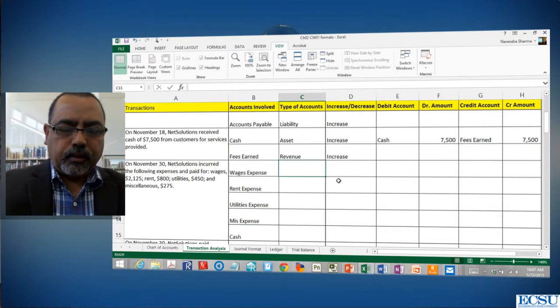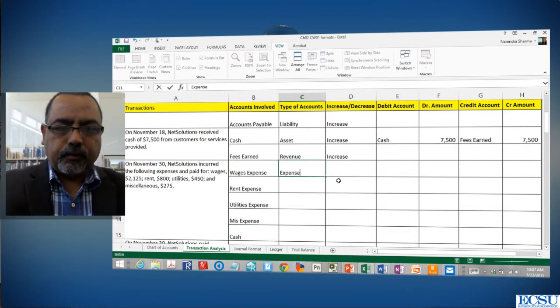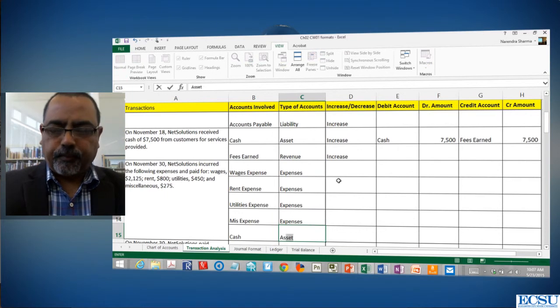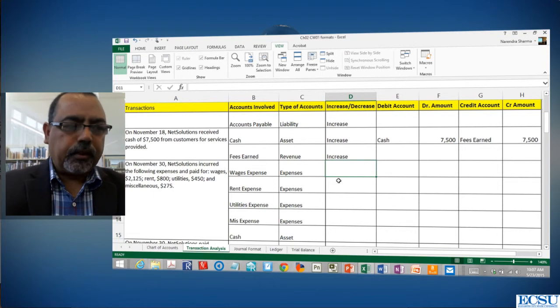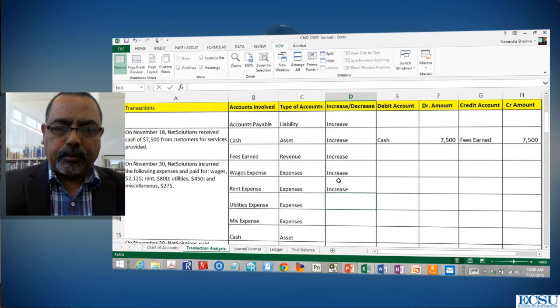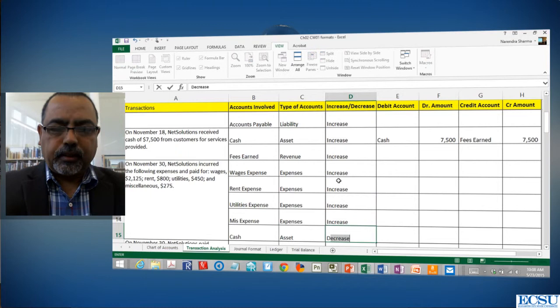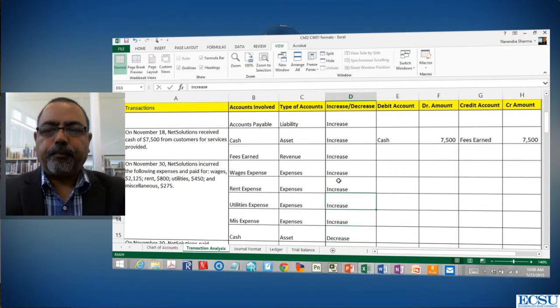Now these are all your expenses, and cash is an asset. Expenses have increased because they were 0, so now they are different amounts, so they have increased. Cash has decreased because I have paid.